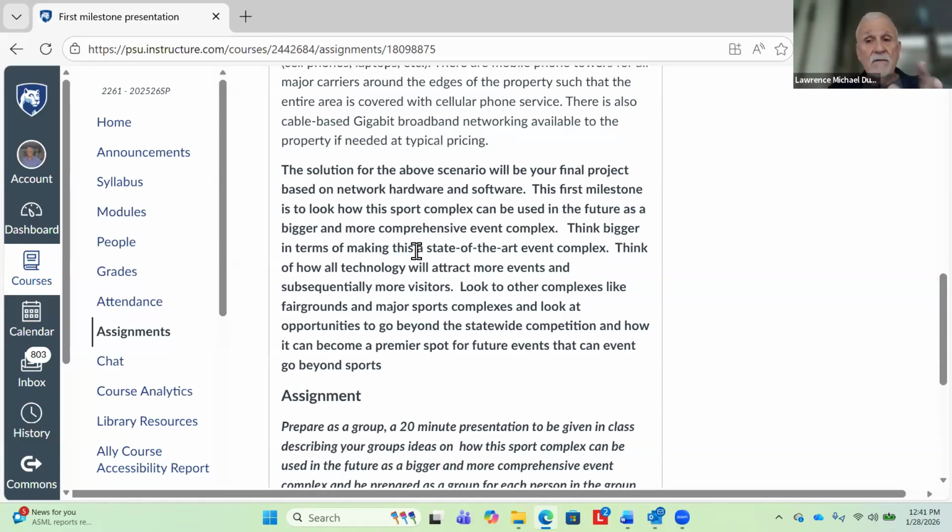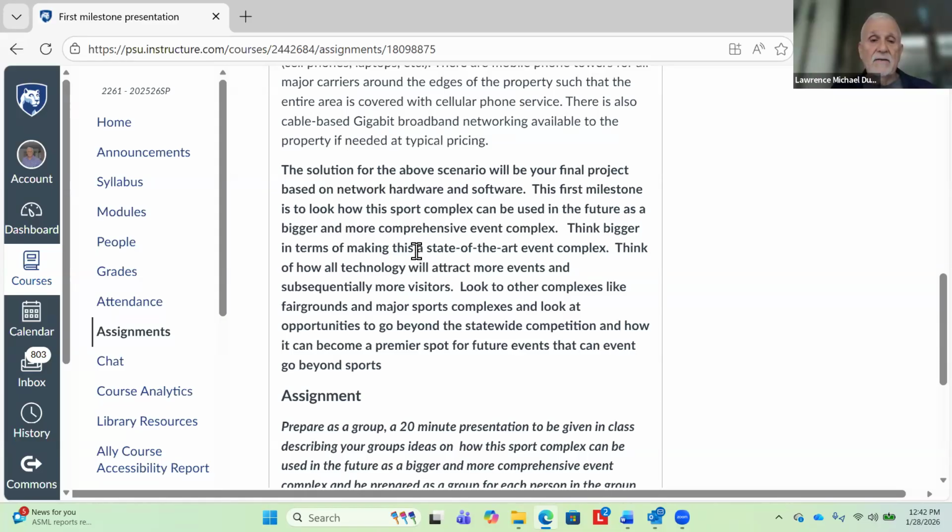A lot of people have seen Hershey Park. Hershey Park has a sports complex where they basically have a lot of state competitions because of the proximity that they have. So you have to see how technology can help these events, because when you have these events, you get a lot of visitors.